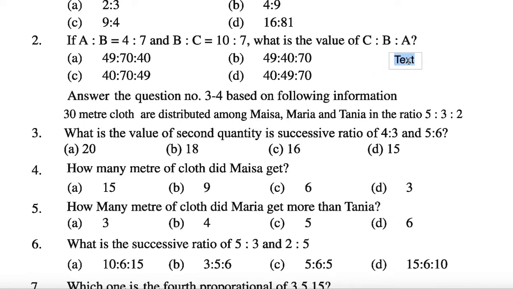A is to B becomes 40 is to 70 when multiplied with 10. B is to C will become 70 is to 49 when it is multiplied with 4. Now what is the extended fraction? C is to B is to A. C is 49, B is 70, A is 40. So the first one is the answer.